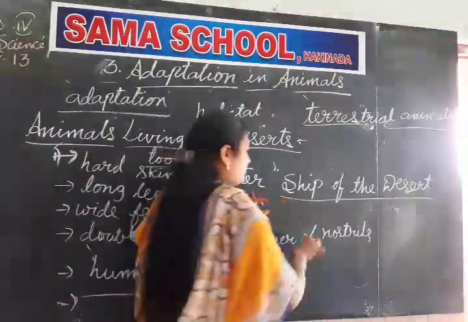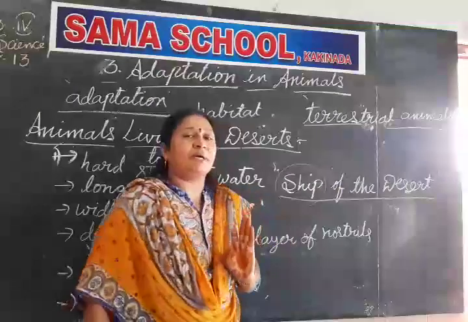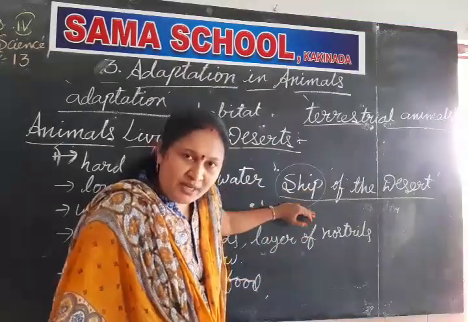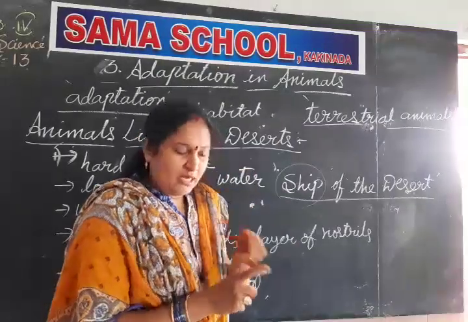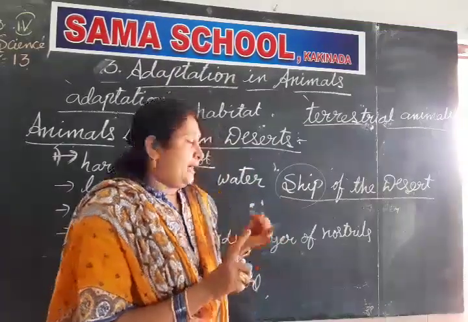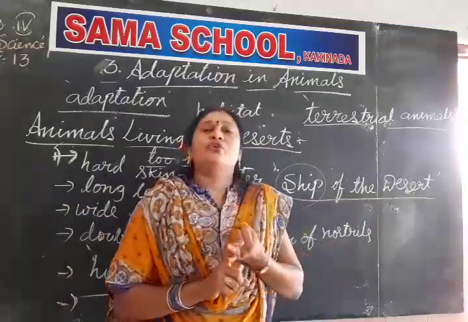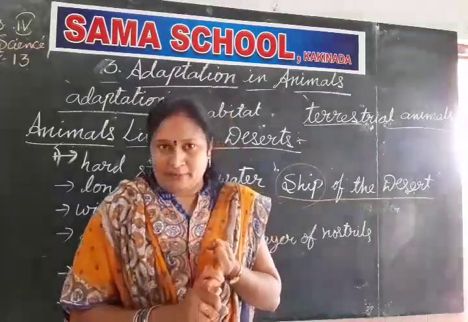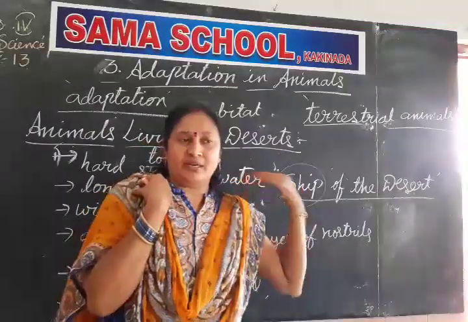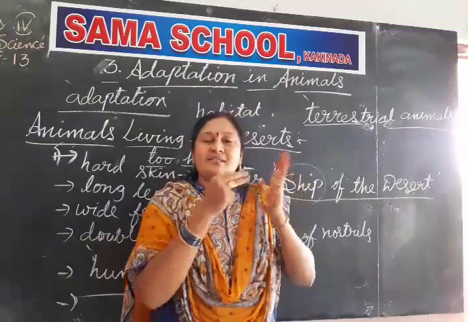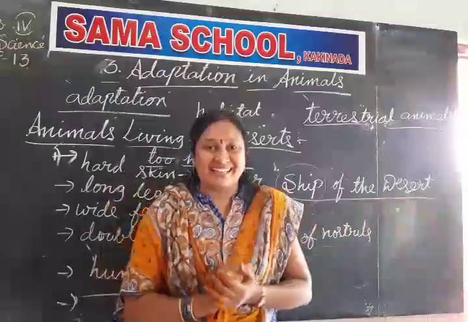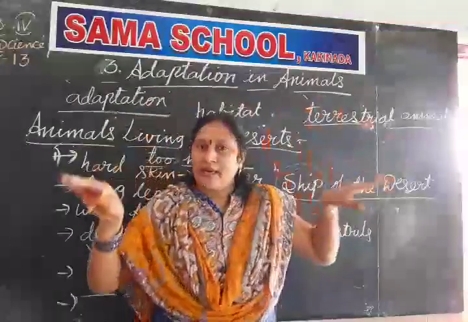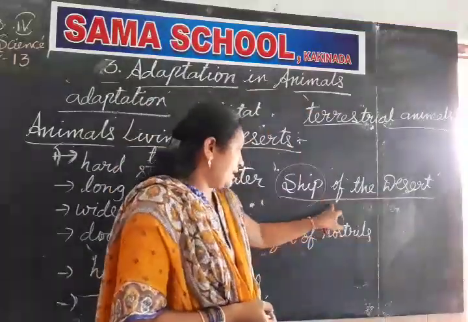Sheep means what? For all purposes, those people are using this camel. For transport, for meat, and every part is useful. After the camel dies, those people use its skin like tents.